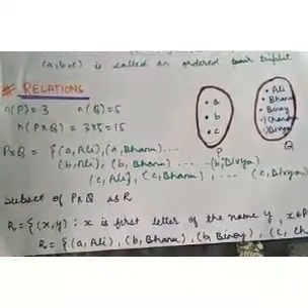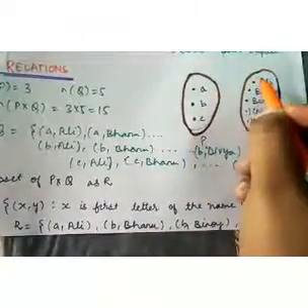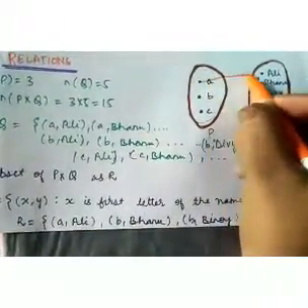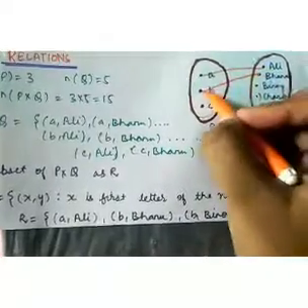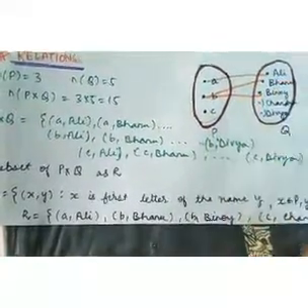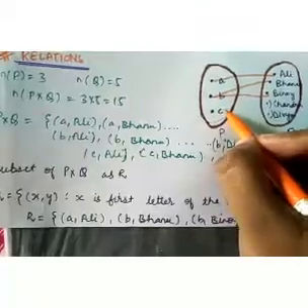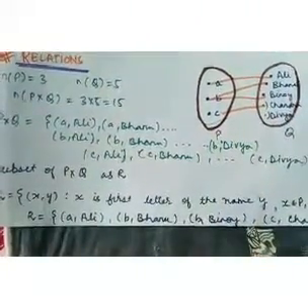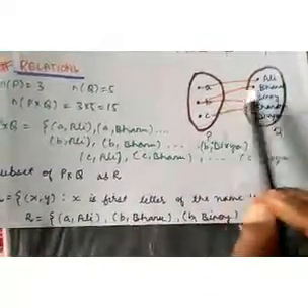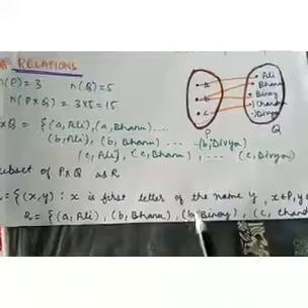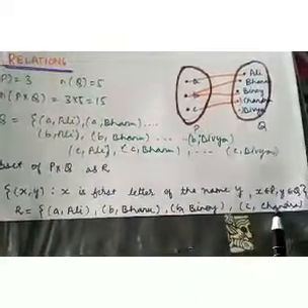That is, A is the first letter for Ali, then B is the first letter for Bhanu and Binoy, and then we have C, which is the first letter for Chandra. That is, we will write relation R with those ordered pairs: (A, Ali), (B, Bhanu), (B, Binoy), (C, Chandra).